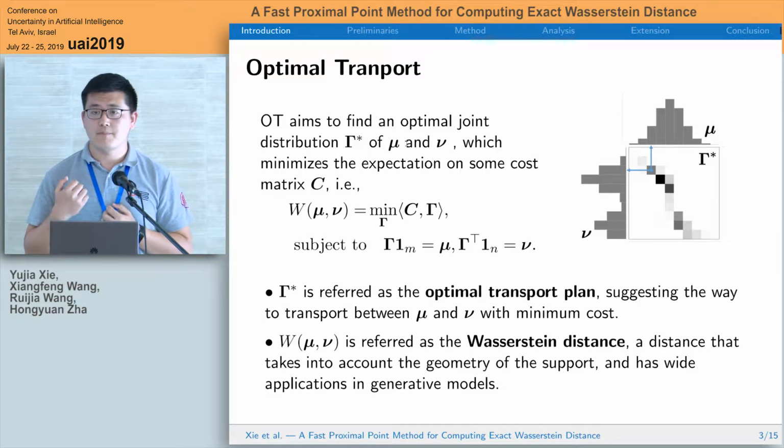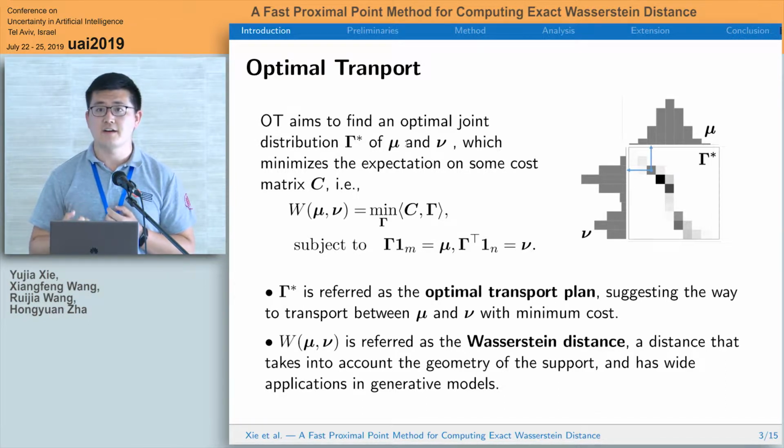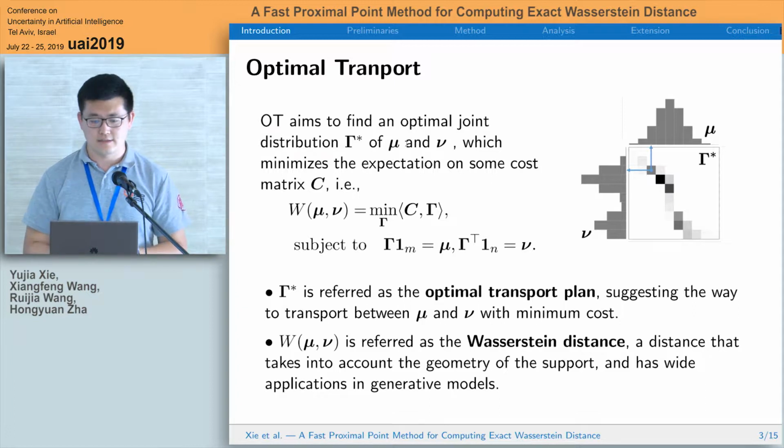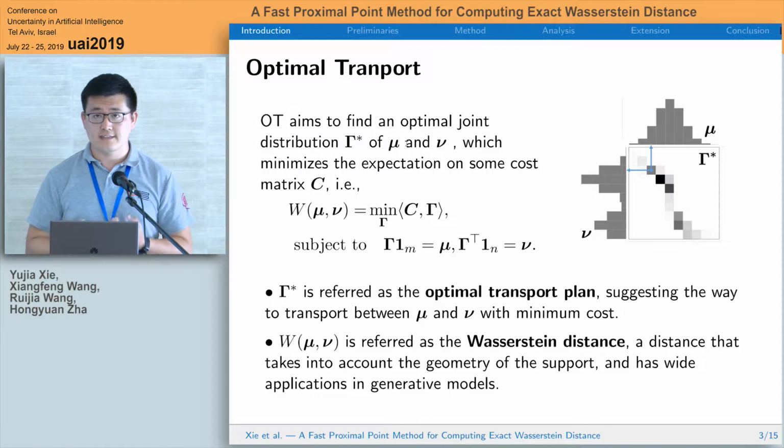The optimal objective function value of this linear programming problem is referred to as the Wasserstein distance between the marginal distributions. The optimal solution, gamma star, suggests the way to transport between these two distributions with the minimum cost, while the Wasserstein distance can take into account the geometry of the support and also has wide applications in generative models.